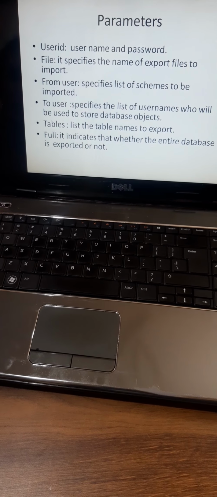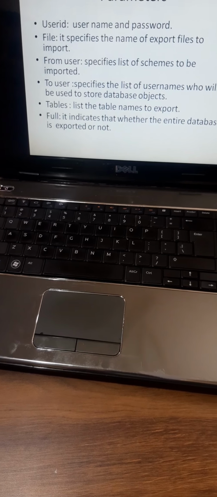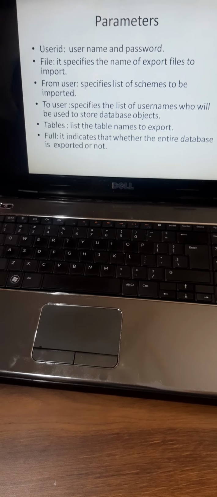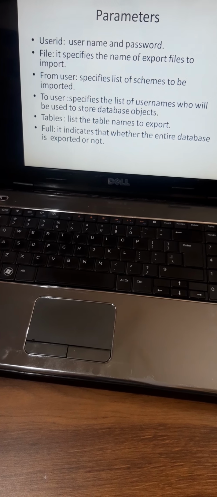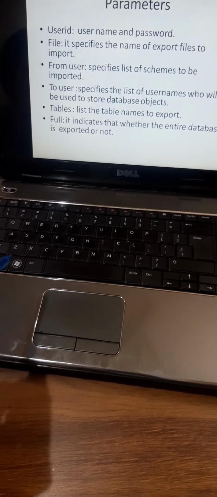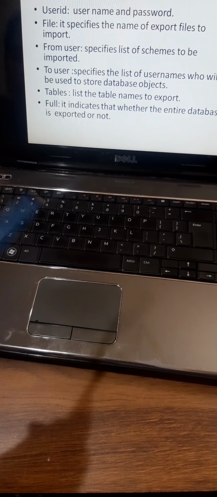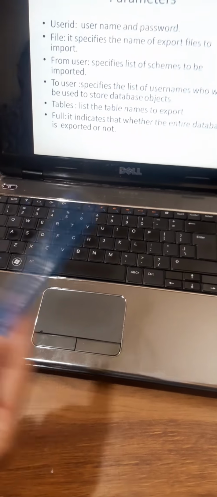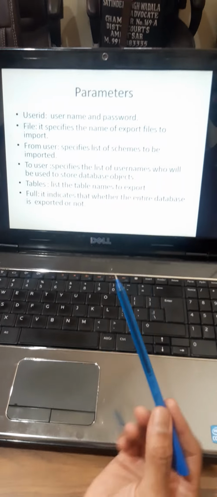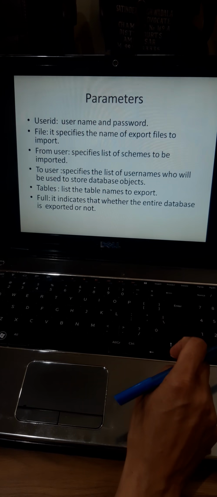From user means here we'll specify the user whose data is to be imported. To user is where it is to be stored. Tables are the tables which we want to import. Full, again, is the entire database if we want to import it, right?